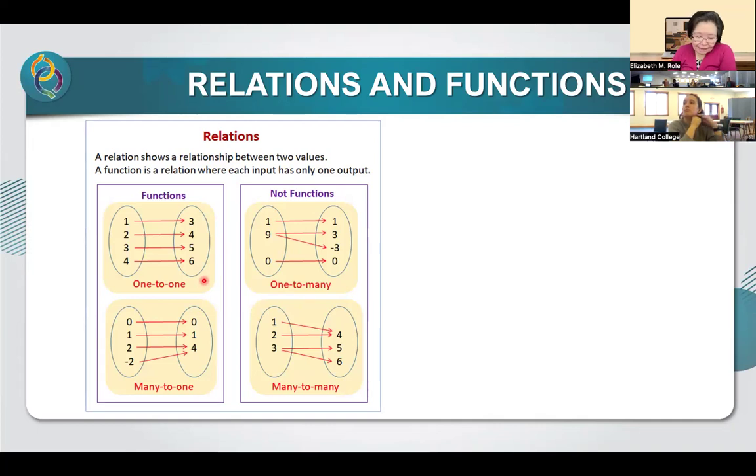Now, there is also a chance where you have different inputs, but your output, like here, 0 to 0, 1 to 1, 2 to 4, -2 to 4, where we now have 2 inputs to 1 output.